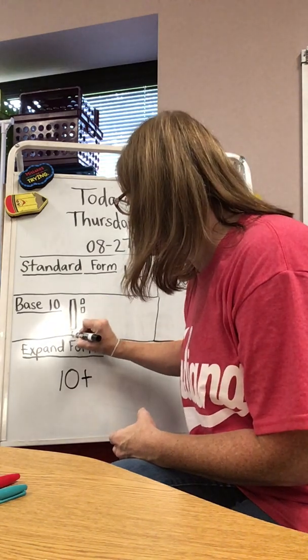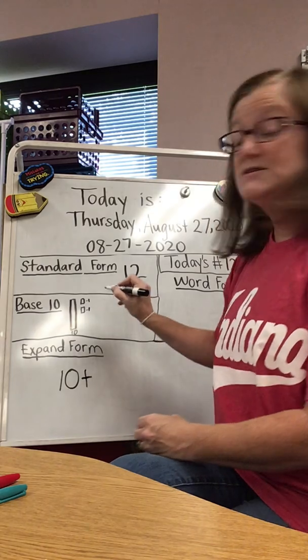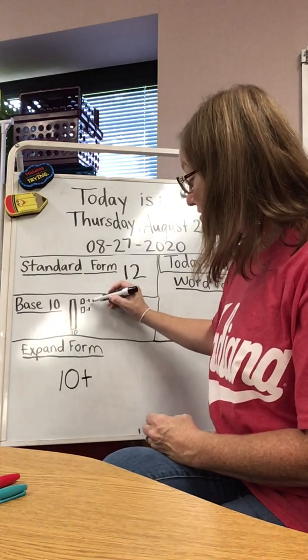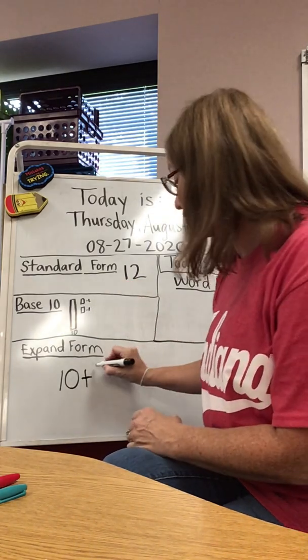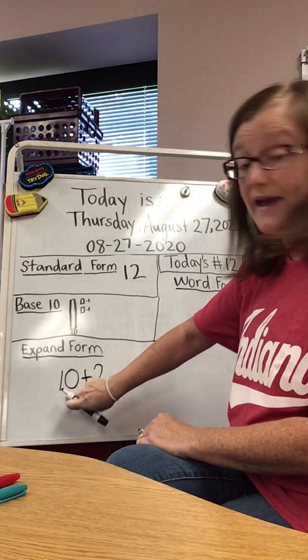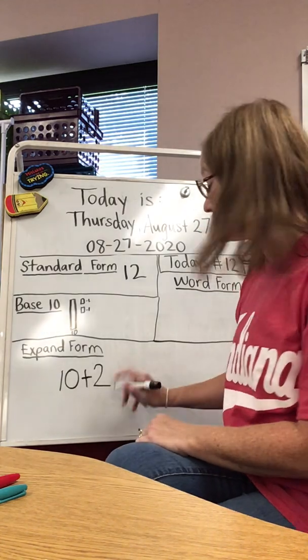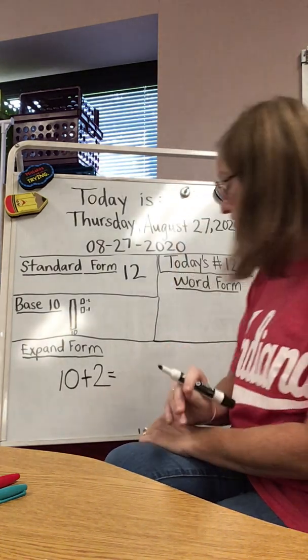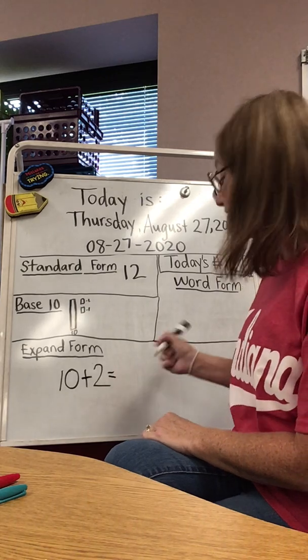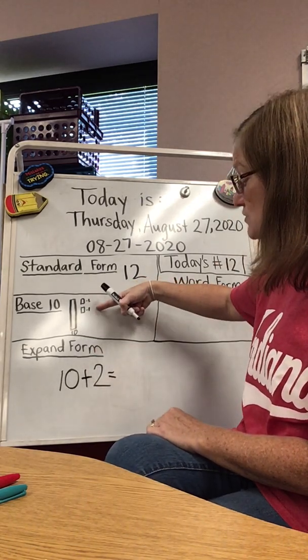So this equals 1, and this equals 1. So 1 and 1 is 2. So we've got 2 ones. We have 1 ten, which equals 10, and 2 ones. If I add these two numbers up all together, 10 plus 2, 10, 11, 12.